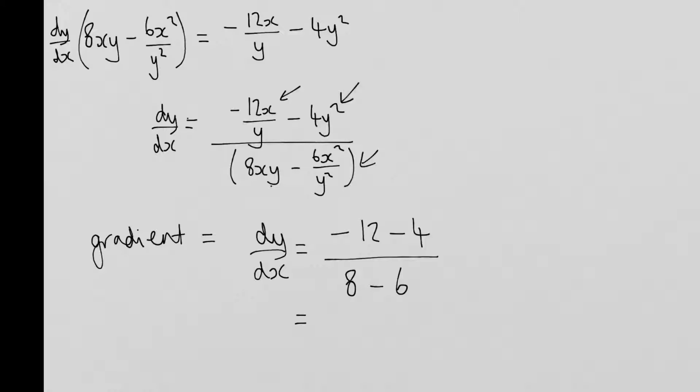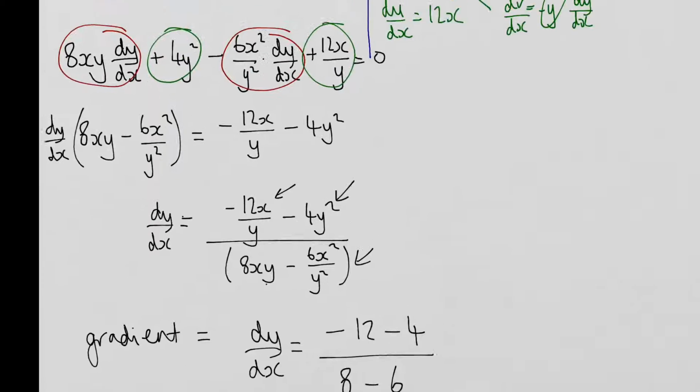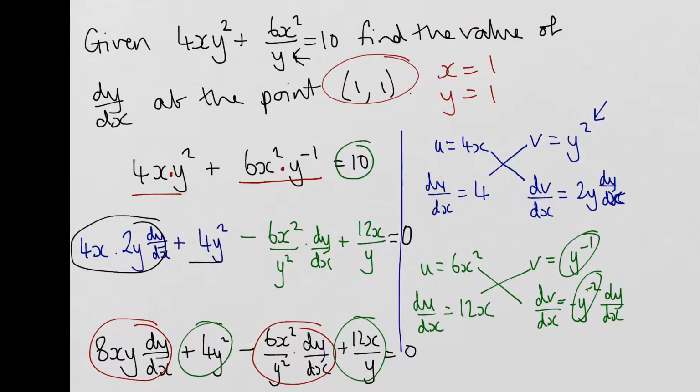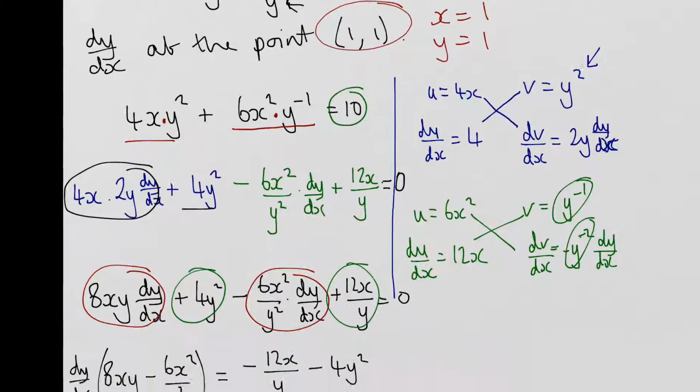So I'm going to get minus 16 over 2. So my gradient comes out as minus 8. And that is the answer to this question. I've found the value of dy by dx at that point there.